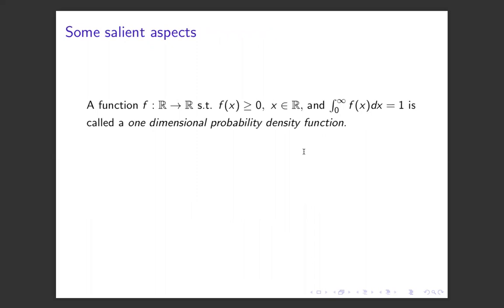So such a function is called a one-dimensional probability density function. Probability density function will usually be abbreviated PDF, sometimes P.D.F. And of course, sometimes we may omit the dots to save on typing time and so on.